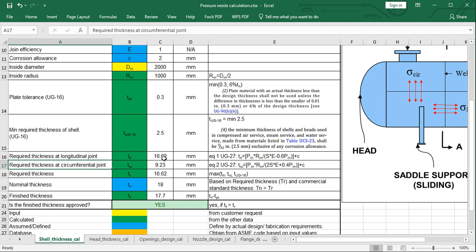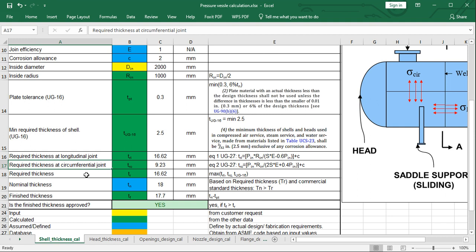The value here is about 16.62 millimeters. And the same for the circumferential joint, the required thickness is equal to 9.23 millimeters, and this one is from equation 2 of UG-27.